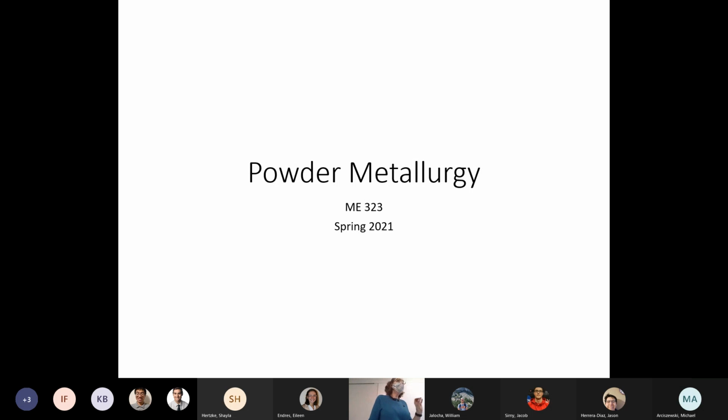Those generally are somewhat volatile organics, which we need to burn off. So we need to allow time for any of those aids to volatilize and for that gas to safely, gently leave the compact. So this is really important.